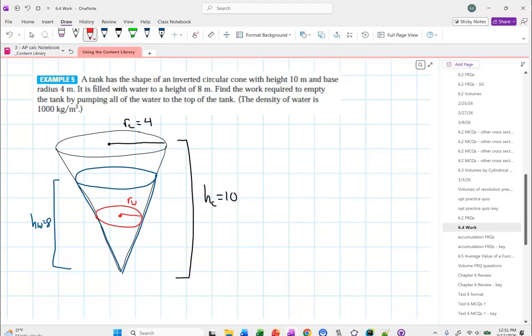We're going to take just a little teeny slice of it, where it's going to be delta x tall. And then x is the distance that we're going to be lifting. Everybody okay with that plan, in terms of imagining what's going on?